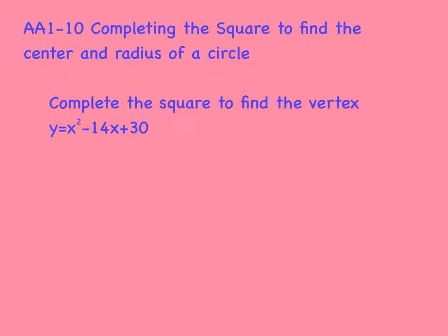Just to review, finding the vertex by completing the square: take a look at my middle term, and I cut that in half, so that leaves me with x minus 7 squared. Now, if I have x minus 7 squared, then I need this term to be 49, because negative 7 squared is 49.